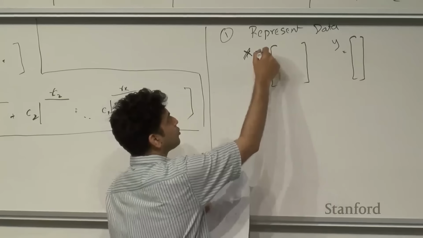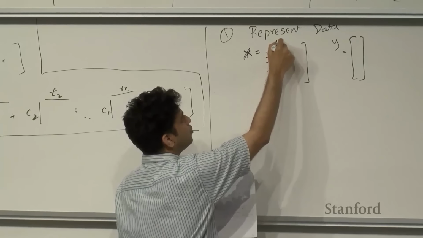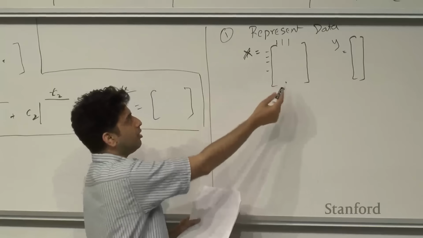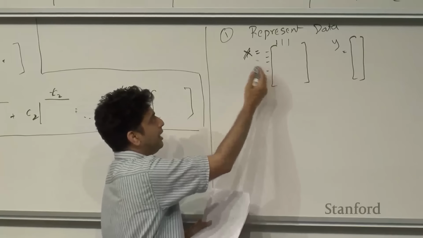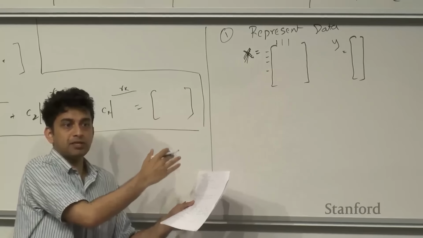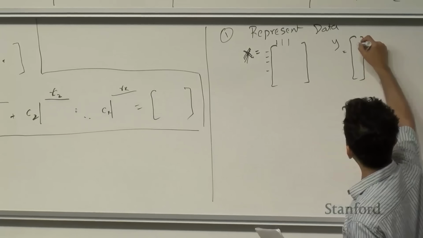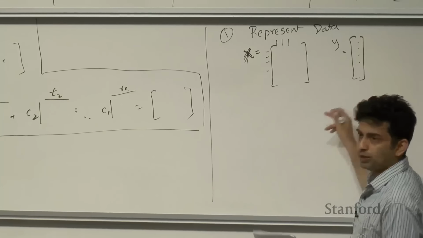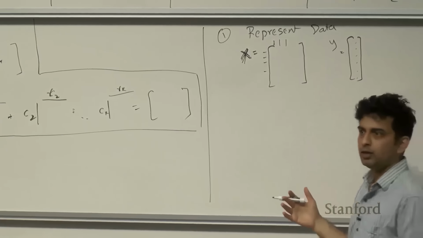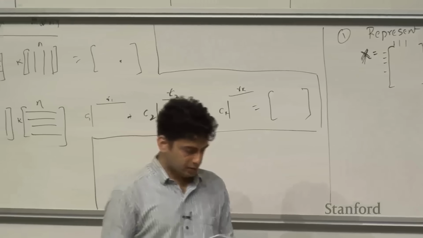For example, this could be house 1, house 2, house 3, house 4, etc., and this could be number of bedrooms, area, number of bathrooms, etc. Your design matrix X is most conveniently represented as a matrix. Similarly, your supervision values, the actual house prices of those houses, is most conveniently represented as a vector. So just to represent your data, it is convenient to use concepts from linear algebra like matrices and vectors.